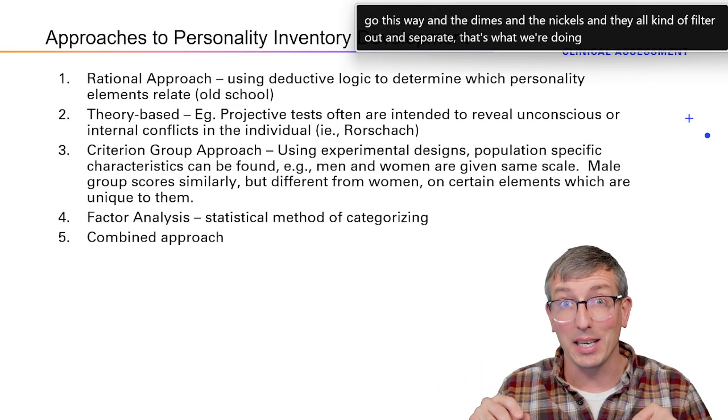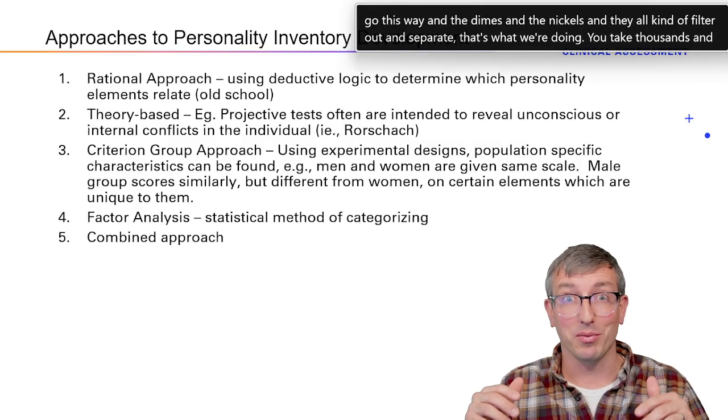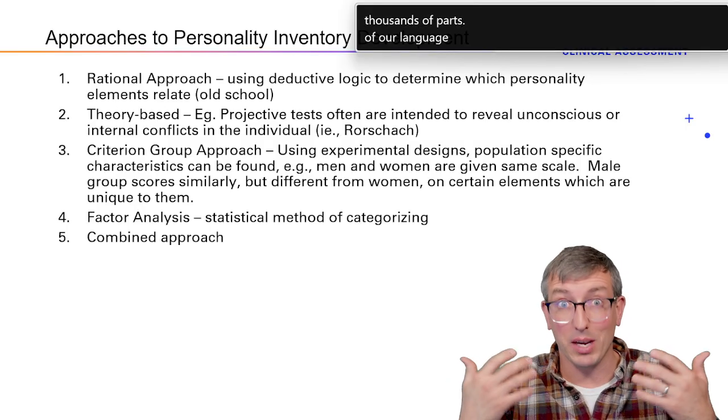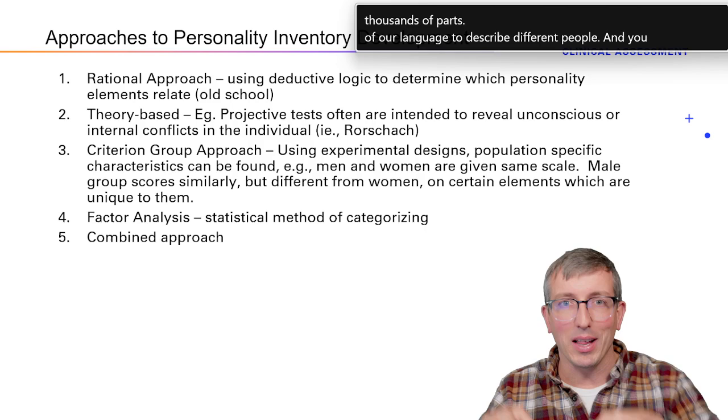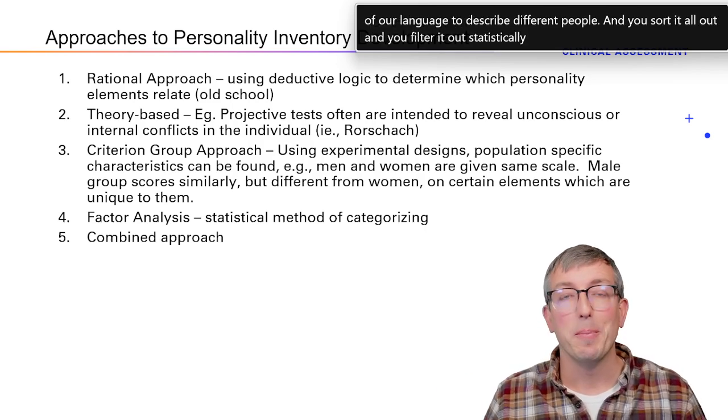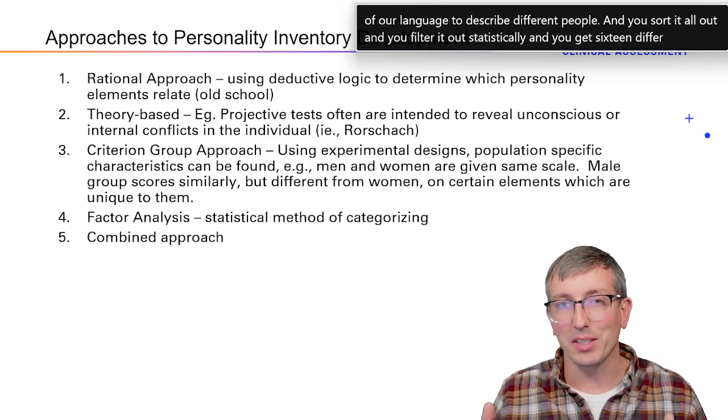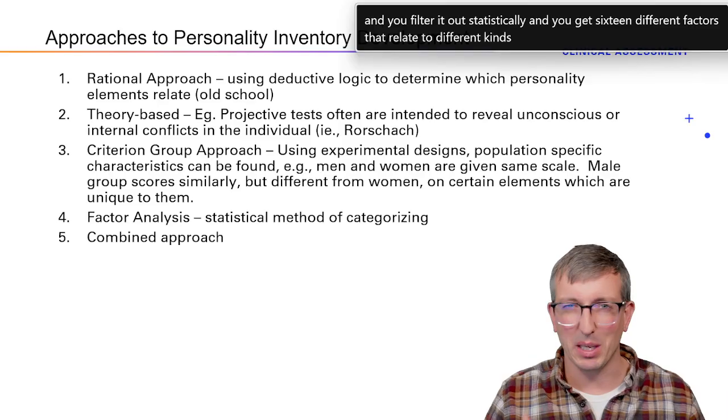That's what we're doing. You take thousands and thousands of parts of our language to describe different people, and you sort it all out and you filter it out statistically, and you get 16 different factors that relate to different kinds of people that exist.